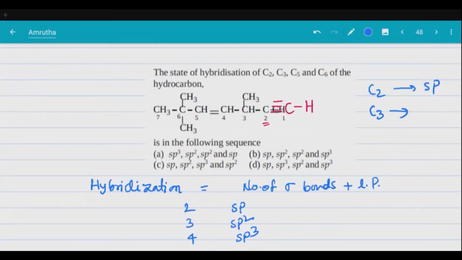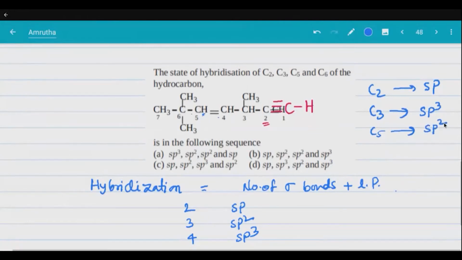Exactly 4. So 4 means sp3. There is no pi bond for C3. So C5, look at C5: 1, 2, 3. Only 3, because there is a double bond, which means only one sigma and the other one is pi. So at C5 there are only 3 sigma bonds. One is CH, the other 2 are CC bonds.